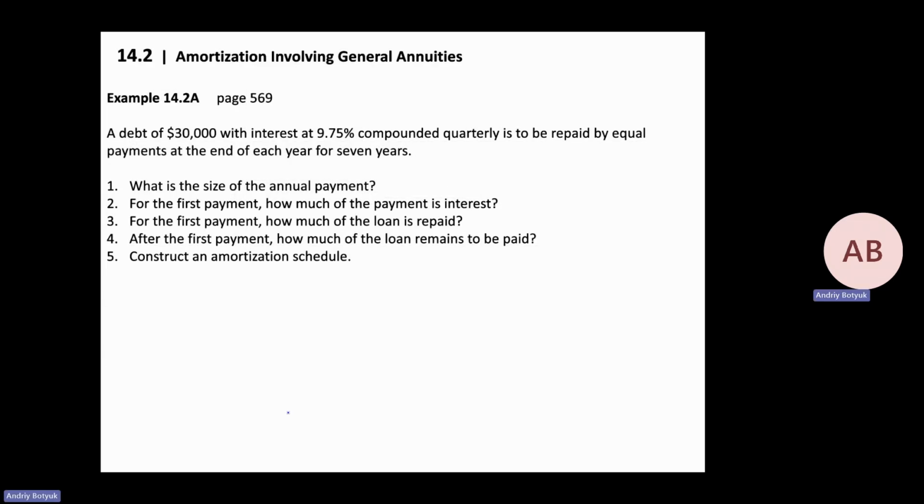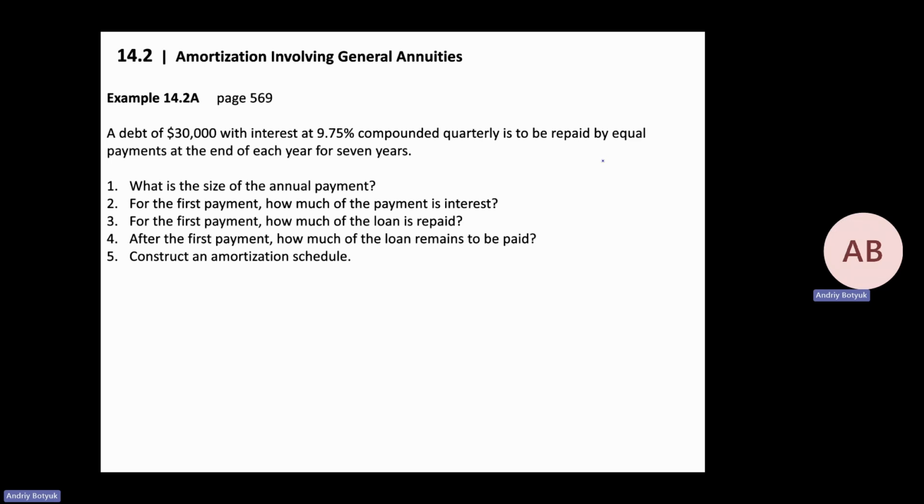So now we will play with general annuities. We will look at amortization with general annuities. Let's do it. A debt of 30,000 with interest 9.75% compounded quarterly is to be repaid by equal payments at the end of each year for 7 years.